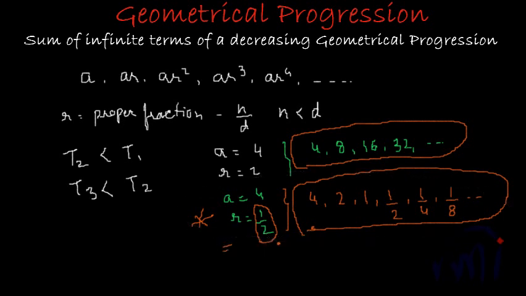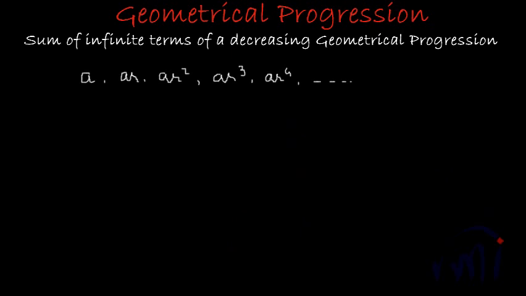Let's erase all this. And what are we aiming to find? We are aiming to find the sum of this pattern. So let the sum be s equal to a plus ar plus ar square plus ar cube plus ar to the power 4, and this will continue till infinite terms, right? And we had the formula to add the n number of terms of any geometrical progression. And what was the formula?